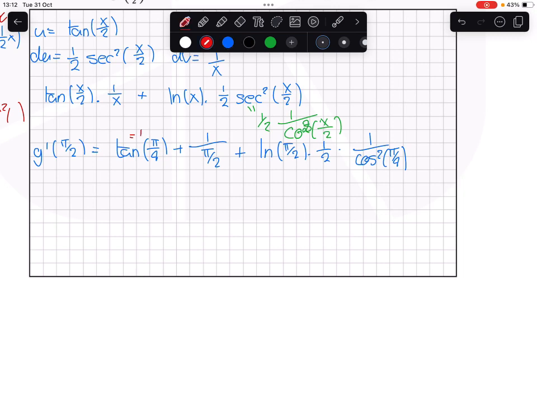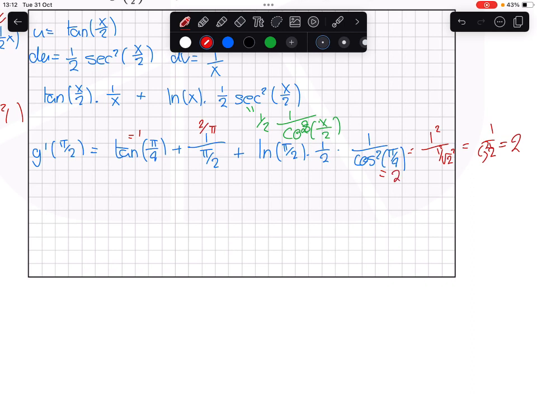This second one, we just flip the bottom fraction, so we get 2 over pi. The natural log of pi over 2 stays the same, the half stays the same, and this one goes to 1 squared all over 1 over root 2. Both of them are squared, so that's 1 over 1 over 2, which is just equal to 2, because again, we flip this bottom one. So this whole thing is going to be equal to 2.